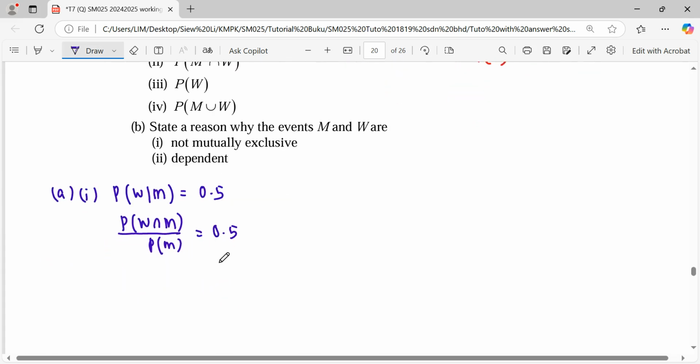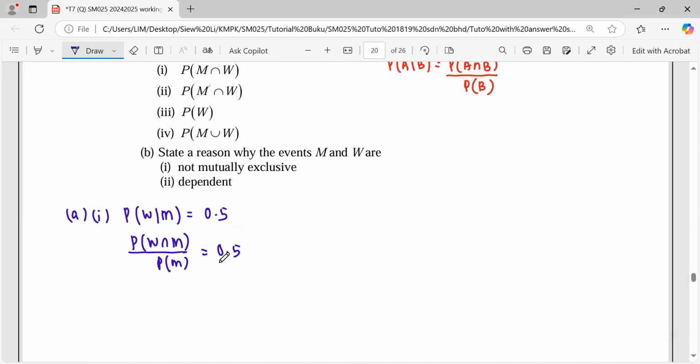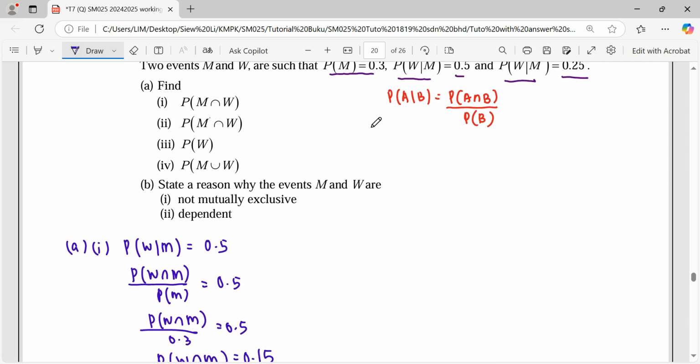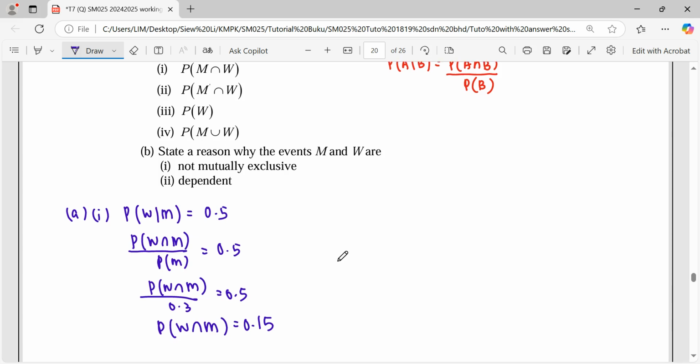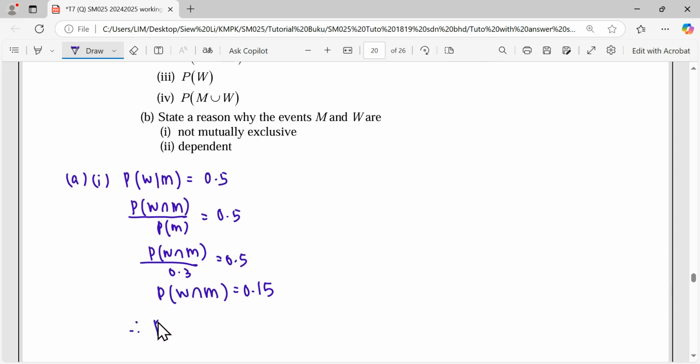After we plug in the formula, the probability of M is 0.3. So the probability of W intersect M is 0.15. W intersect M and M intersect W are actually the same thing. So the answer for M intersect W is 0.15.